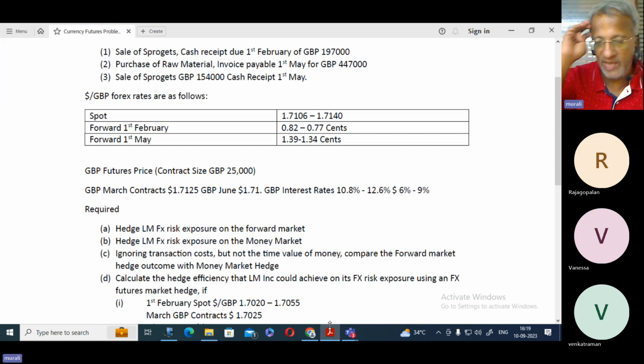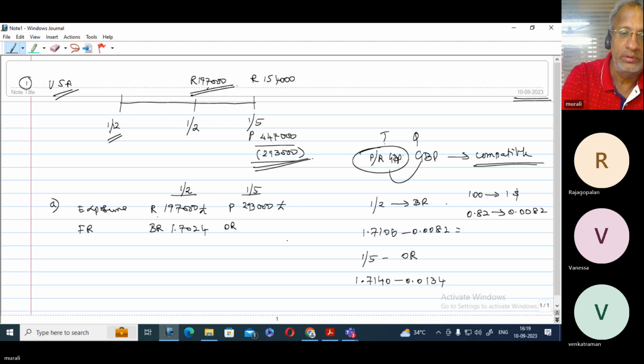So please understand that it is 1.34 cents. Now let us just take up 1.714 minus 0.0134. So it comes to 1.7006.